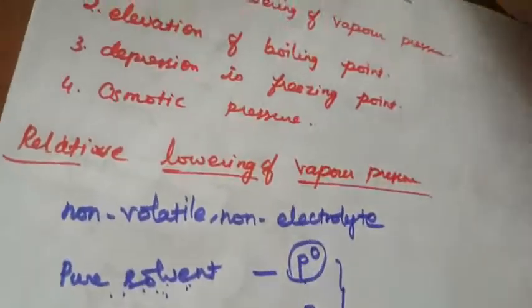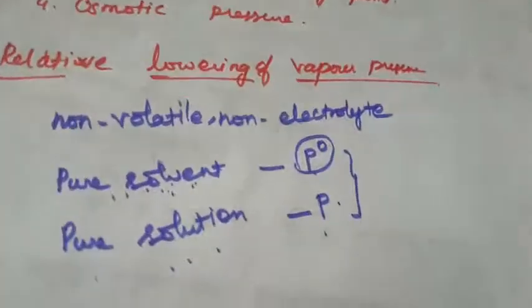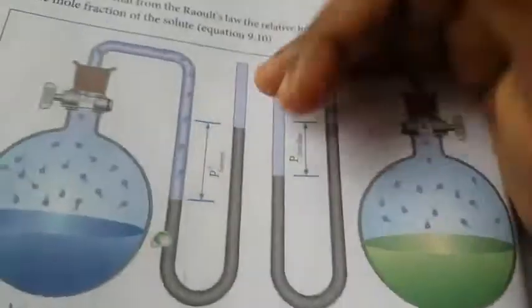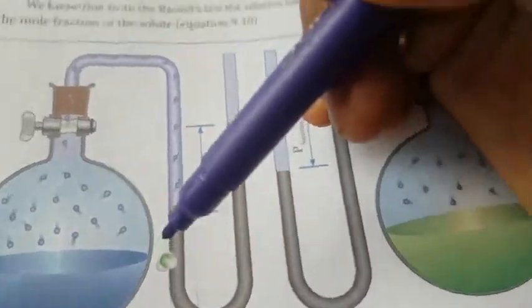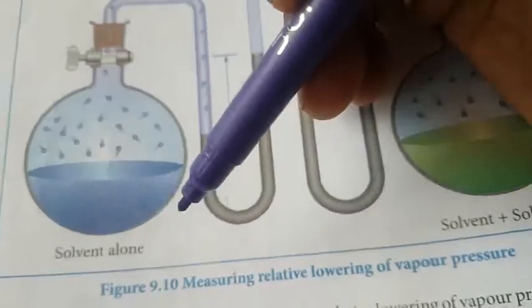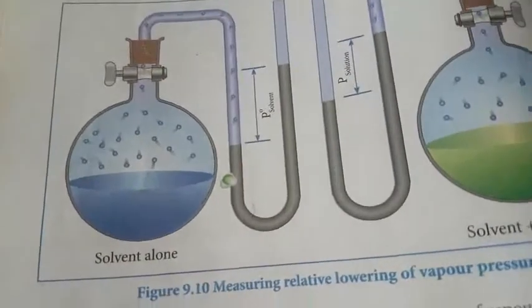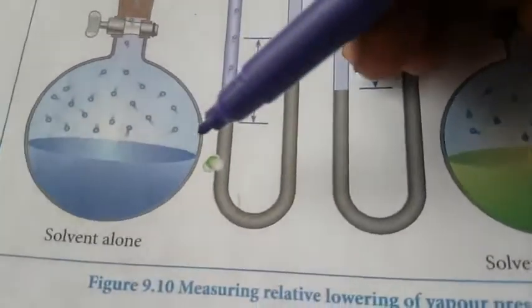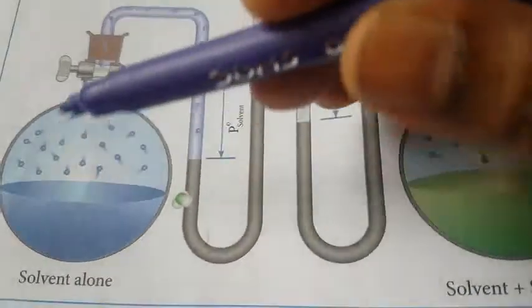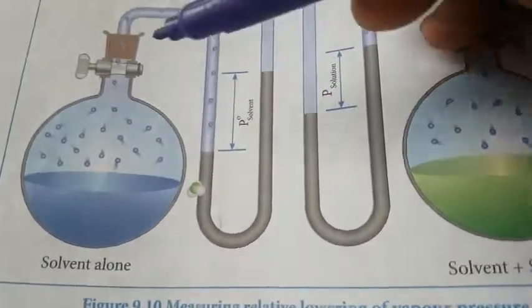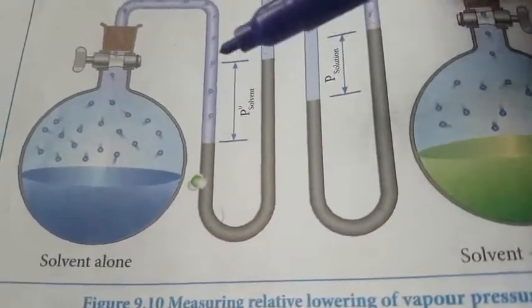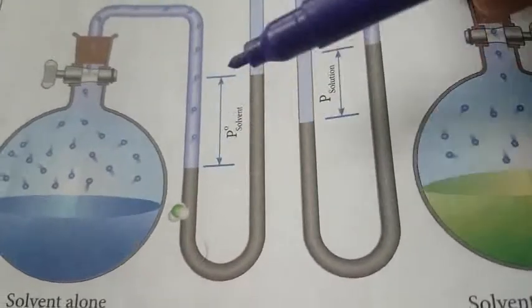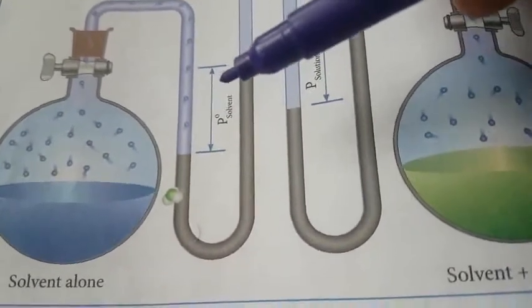Now we are seeing one experiment here. First we take the solvent alone. Here a U-tube is connected to a round bottom flask containing the pure solvent. This is the mercury level. For the pure solvent, the pressure is measured as P0.